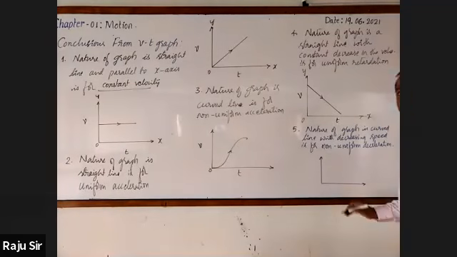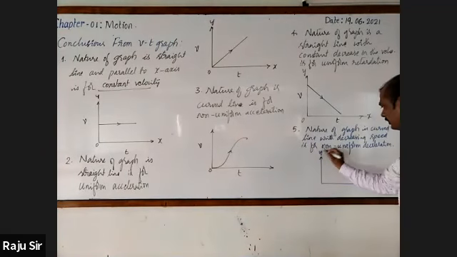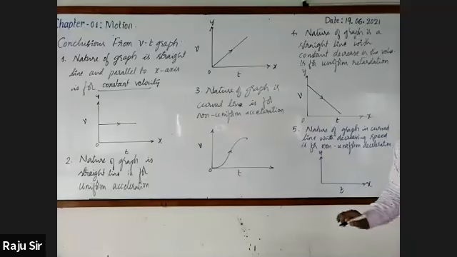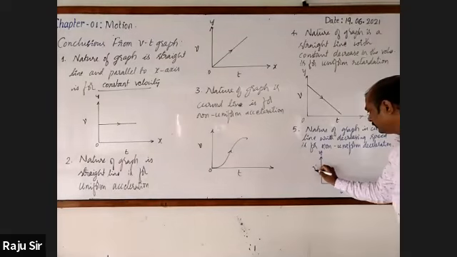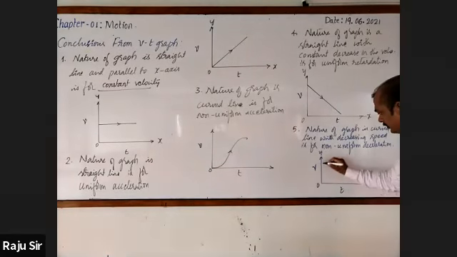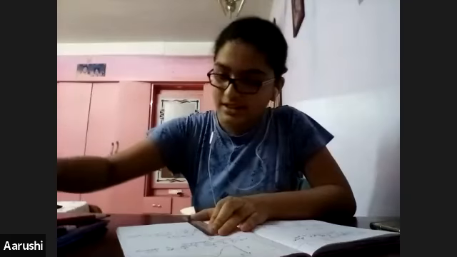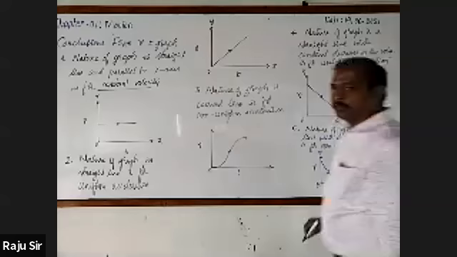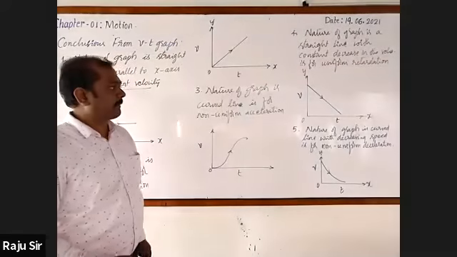You can draw x and y axis, where x-axis is time axis, y-axis is velocity axis. Both will intersect at a point O. Show non-uniform deceleration like this.